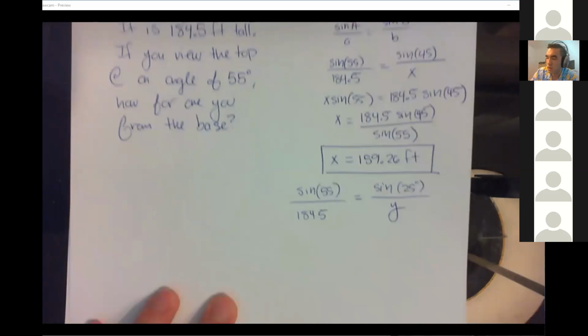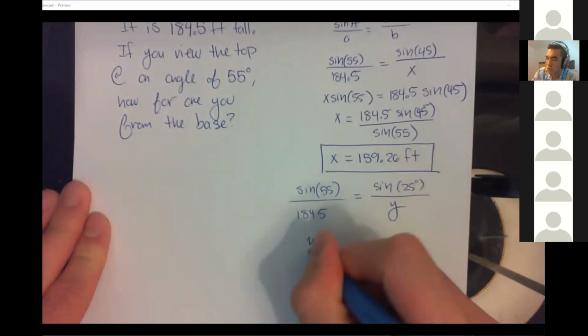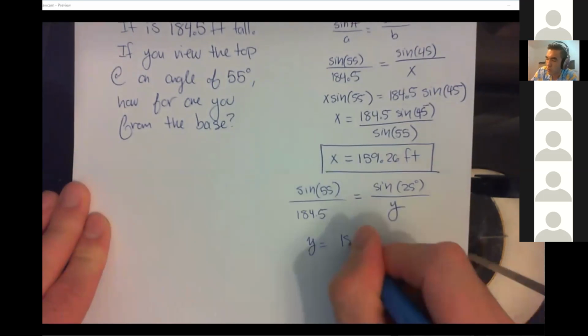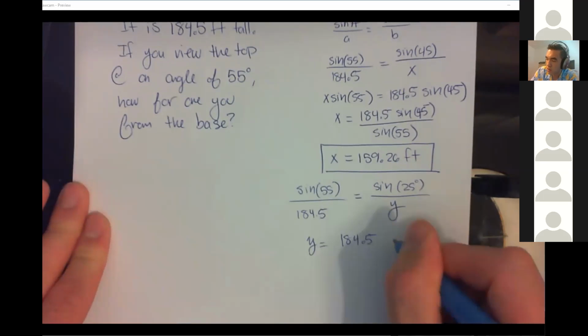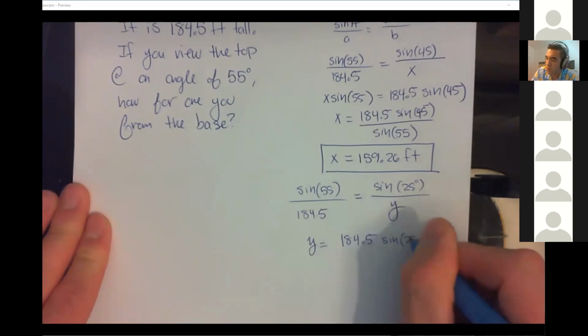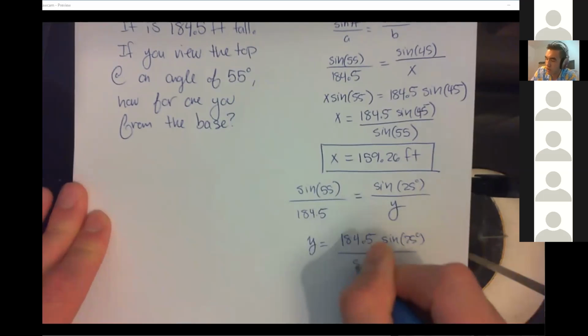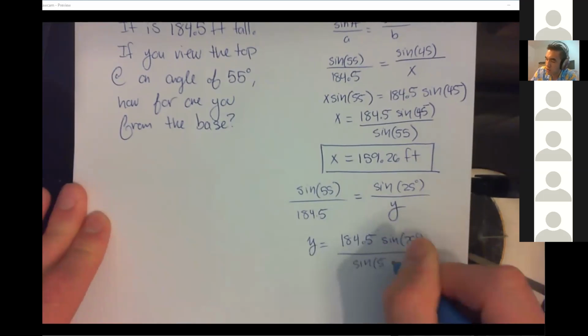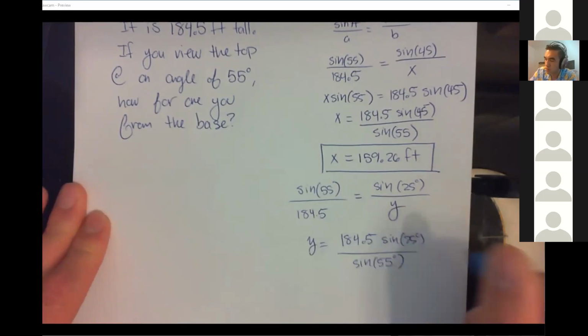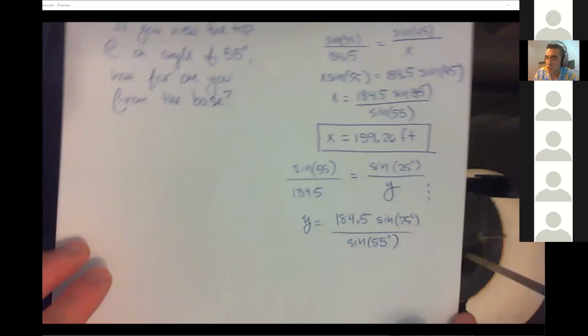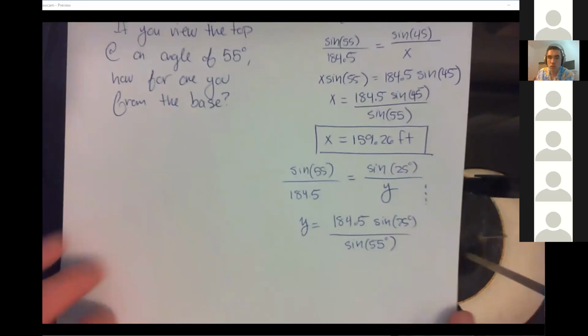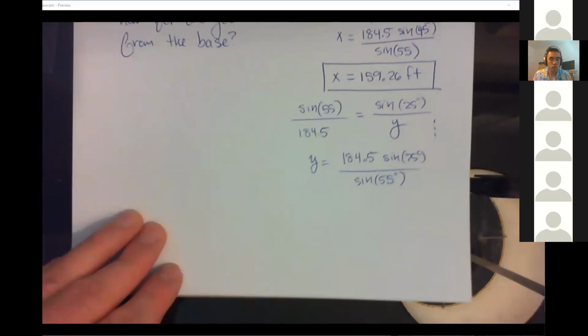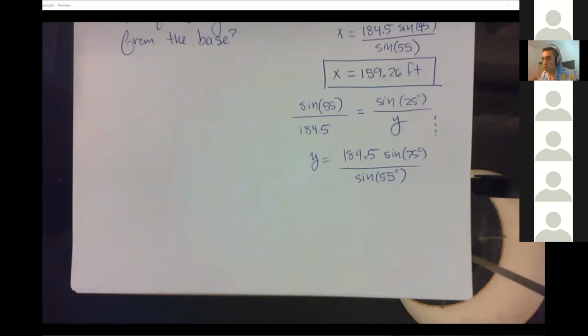And if we take this and solve it through, we will get that y is equal to 184.5 sine 25, then divided by sine 55. It's the exact same series of inputs. The only difference is the algebra from here to here, that instead of ending up with sine 45 in the numerator, we end up with sine 25 in the numerator, which will, of course, change our answer.